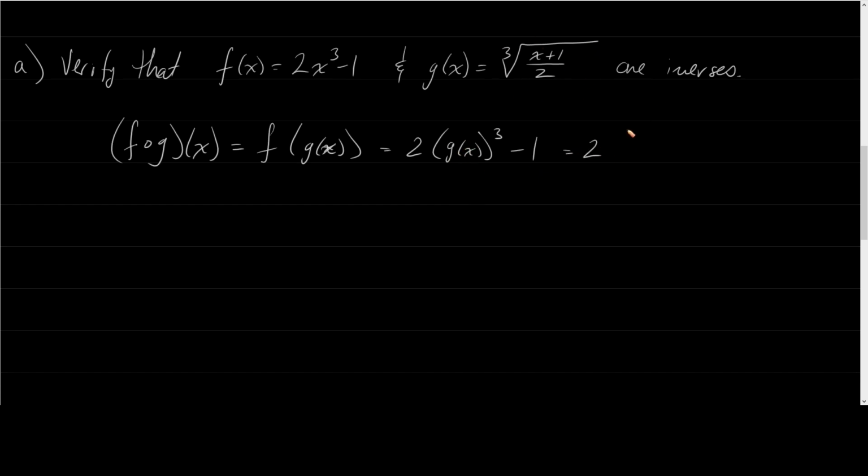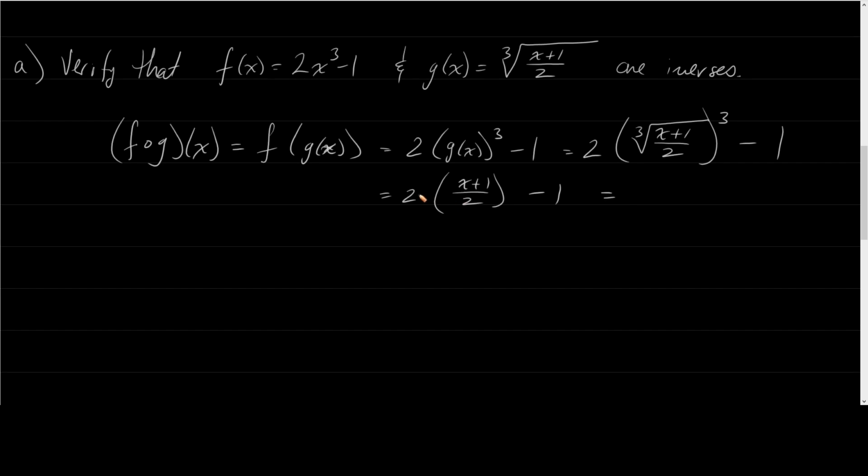So we have 2 times the cube root of x plus 1 over 2, everything cubed, and then minus 1, right? And from there, well, the cube root cubed, those cancel each other out. So what I end up with there is 2 times x plus 1 over 2 minus 1.